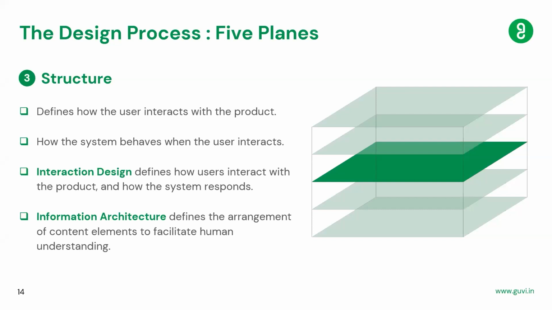The process of navigating or interaction of the internal elements of the website is interaction design. And information architecture is nothing but the organization of data, as I said in the Myntra example, if you remember.